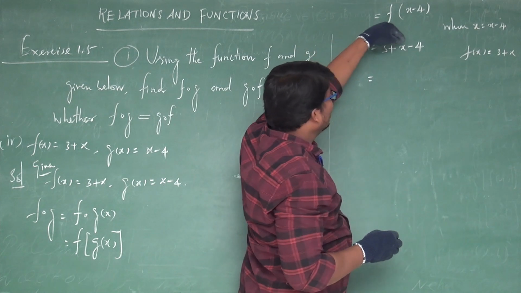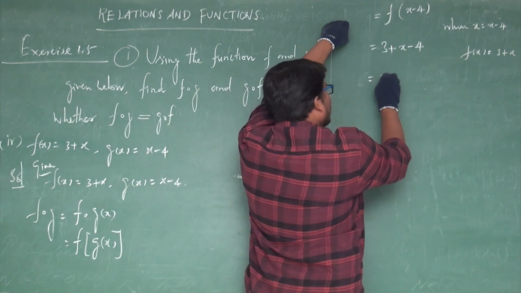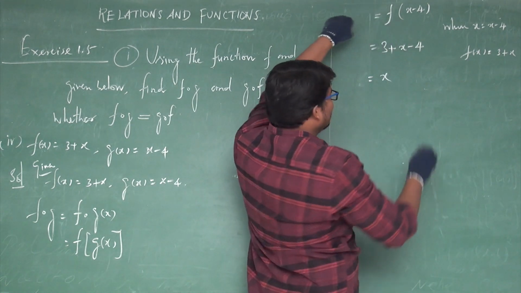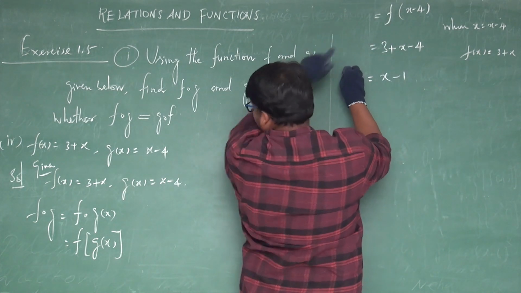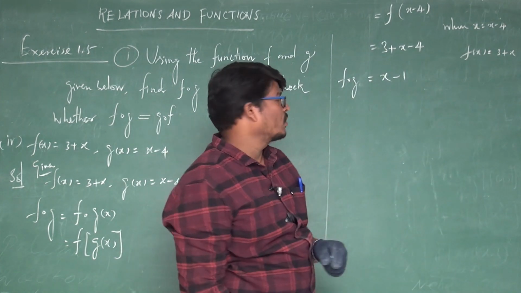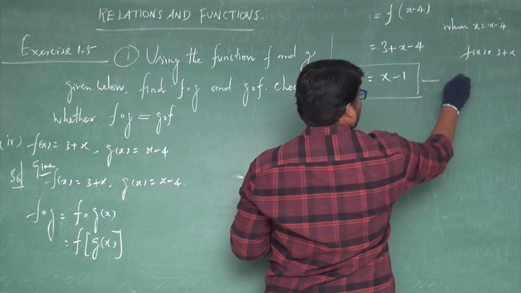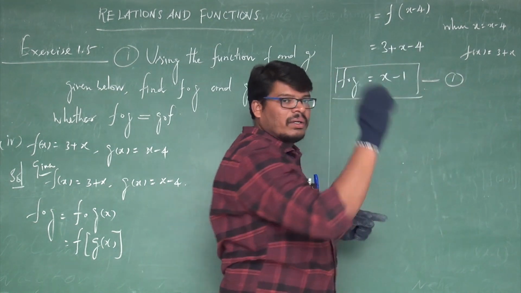So 3 plus x minus 4. The x term is first, and 3 minus 4 is minus 1. So f dot g is x minus 1. That is equation number 1.